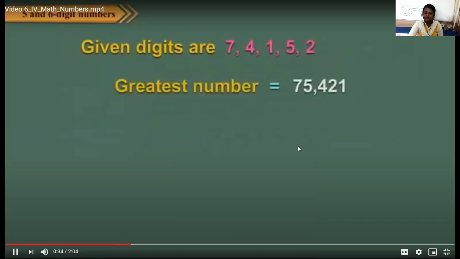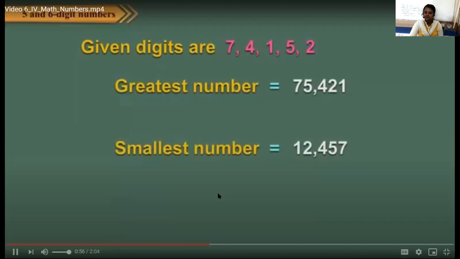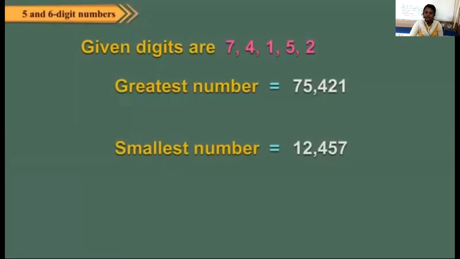Arranging the digits in descending order, we get the greatest 5-digit number as 75,421. Arranging the digits in ascending order, we get the smallest 5-digit number as 12,457.